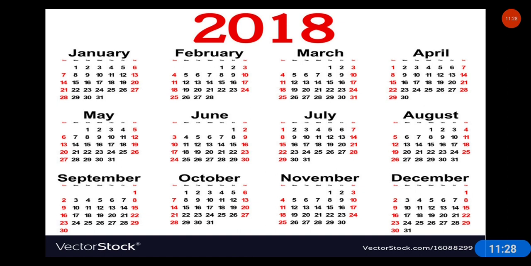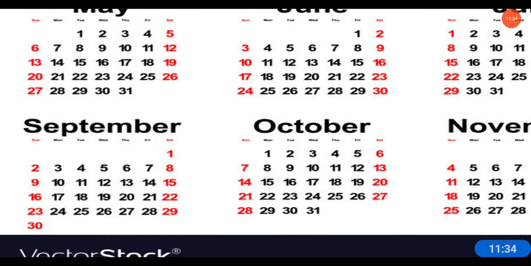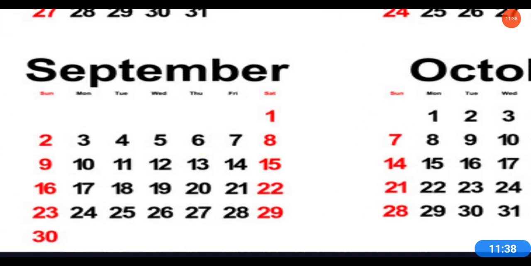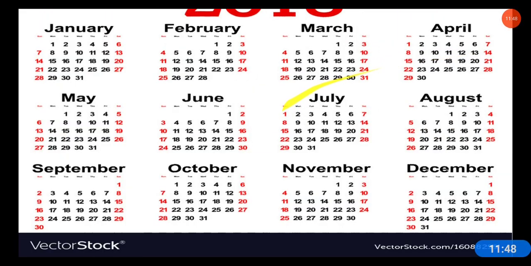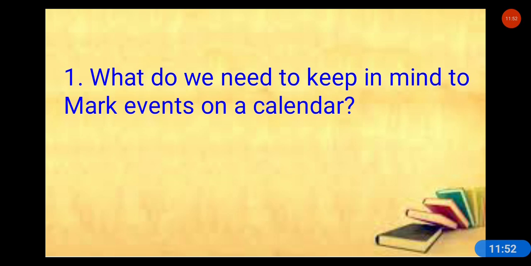Teachers' Day was on 5th of September. Look at here, the 5th of September falls on Wednesday. Sunday, Monday, Tuesday, Wednesday. It was on Wednesday, right? But when you look at the next calendar, it will be some other day.